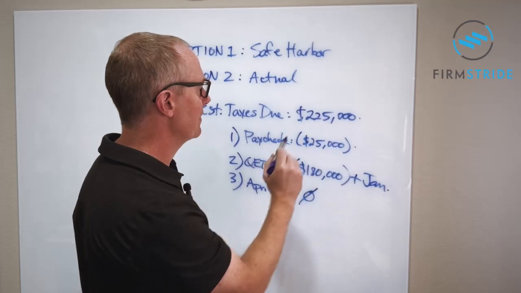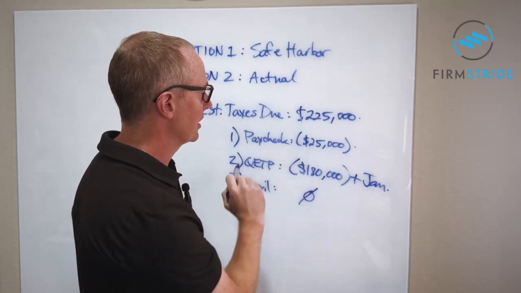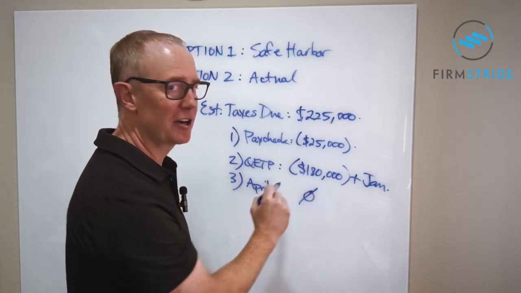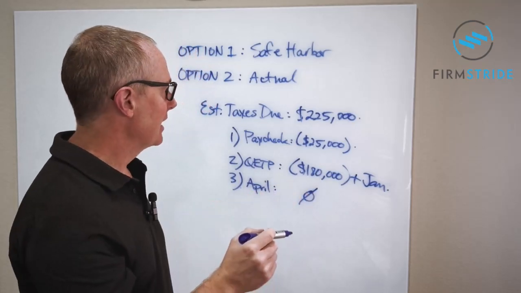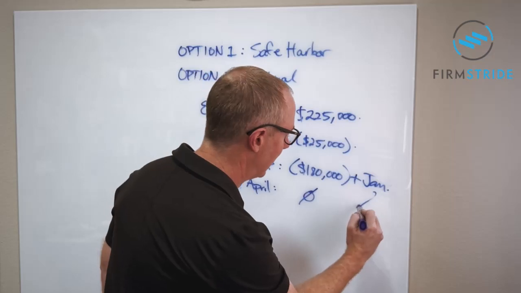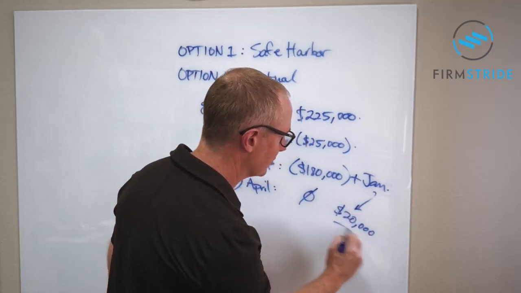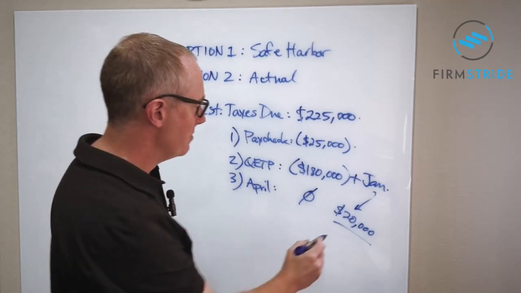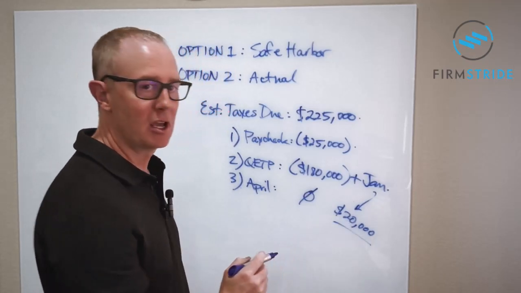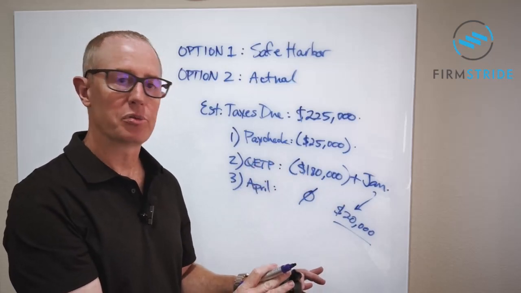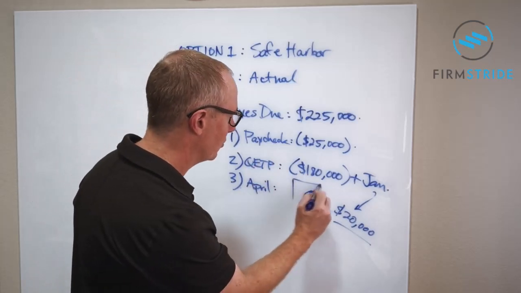So $225,000 minus the $25,000, we have $200,000 left. We've paid $180,000 in, and so now our January payment, we know that we just need to make a $20,000 payment. If we make a $20,000 payment, we've now taken care of all of our federal taxes for the previous year, which means in April we get zero.